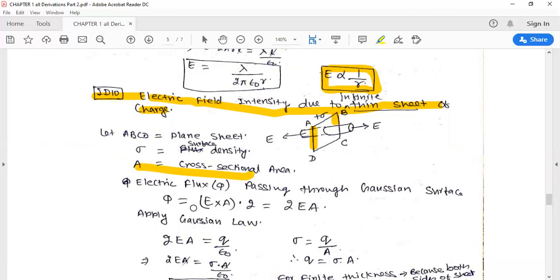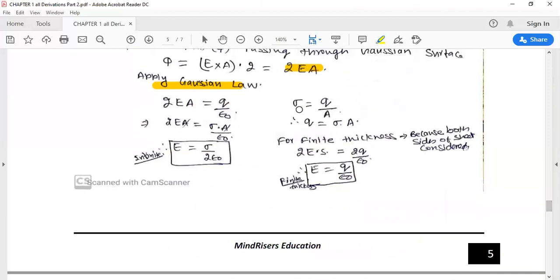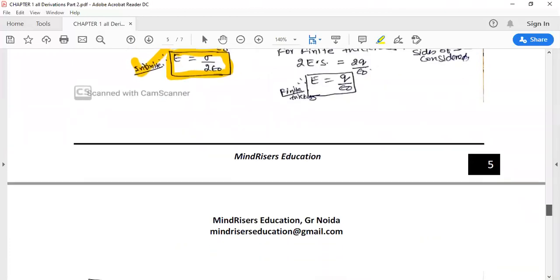Then flux phi equals E into A. Since there are two surfaces, one here and the other there, it passes through two Gaussian surfaces, so it is 2 into EA. Applying Gauss law, 2EA equals q by epsilon naught, and we know that sigma equals q by A. Putting all these values in, you will get E equals sigma by 2 epsilon naught. It's a very important formula. These are all applications of Gauss law.